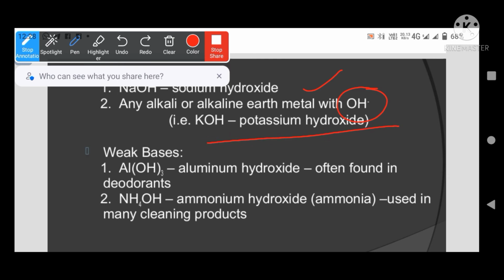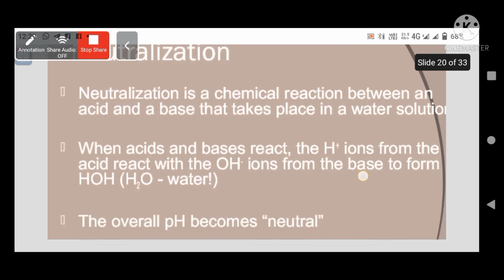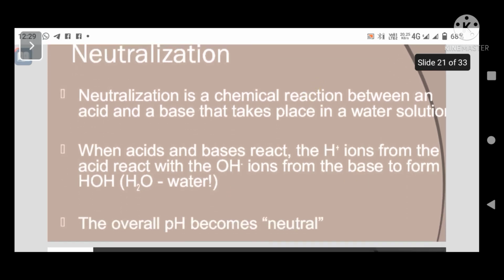Weak bases: aluminium hydroxide, Al(OH)3, often found in deodorant. NH4OH, ammonium hydroxide or ammonia, is used in cleaning products. That was about the weak bases.